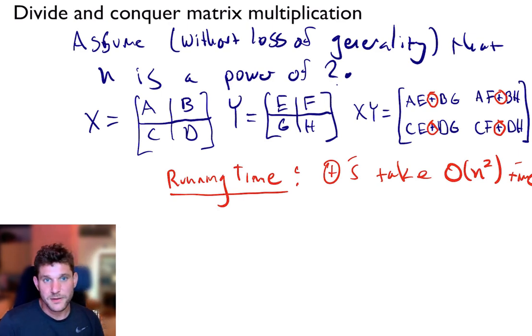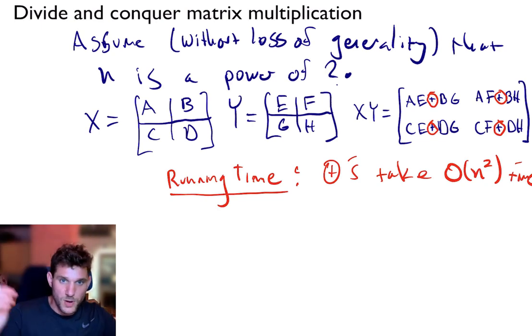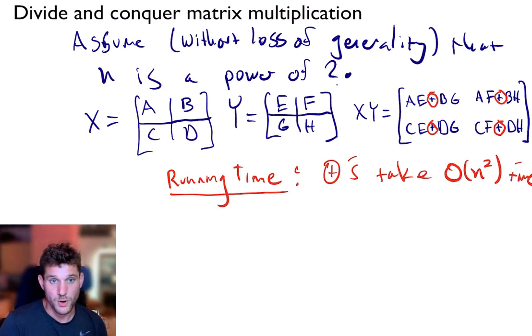Okay, so to add two n over 2 by n over 2 matrices together, the only way you can really do this is by essentially looping over all rows and columns and simply adding the items in each matrix together. And you can see that's going to be an O of n squared type algorithm. Let's think more about the recurrence relation.